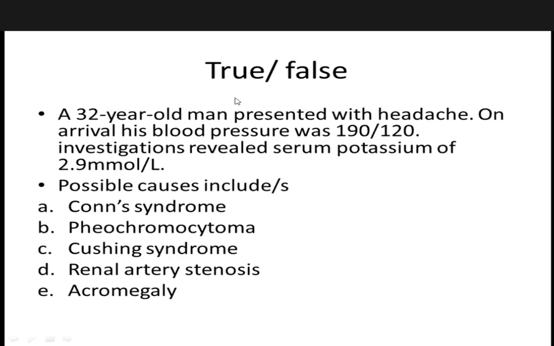No. So then they will not have hypokalemia. So if someone is a young patient with high blood pressure and low potassium levels, you have to always remember three conditions: Conn syndrome, Cushing syndrome, and renal artery stenosis.